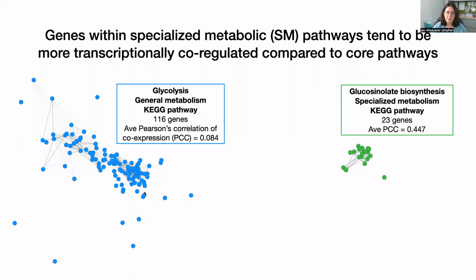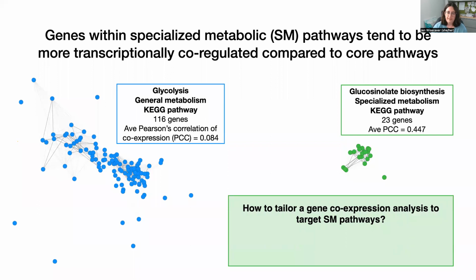And these 2 pathways, glycolysis and glucosinolate biosynthesis, show 2 examples in this larger pattern that specialized metabolism, like glucosinolates here, tend to be much more transcriptionally co-regulated compared to core pathways, as demonstrated by them forming a very tight network with an average correlation of 0.44.